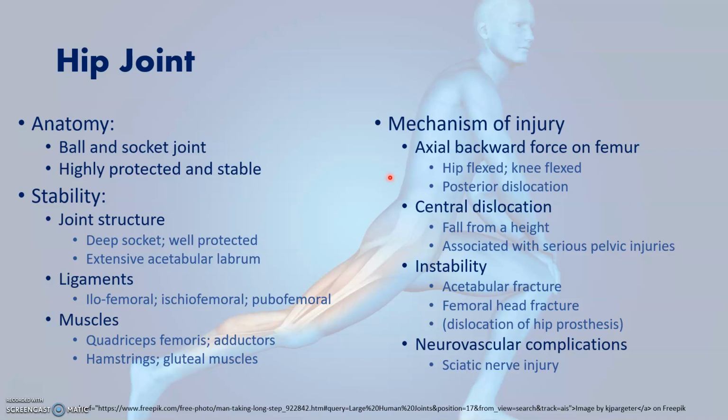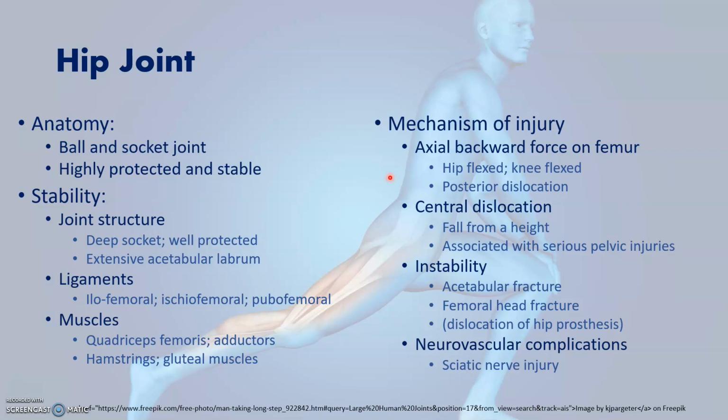On top of this, the joint is held in place by strong ligaments, including the iliofemoral, ischiofemoral, and pubofemoral ligaments. And finally, all the strong muscles around the hip joint, the quadriceps femoris, the adductors, the hamstrings, and the gluteal muscles, contribute to the dynamic stability of the hip.